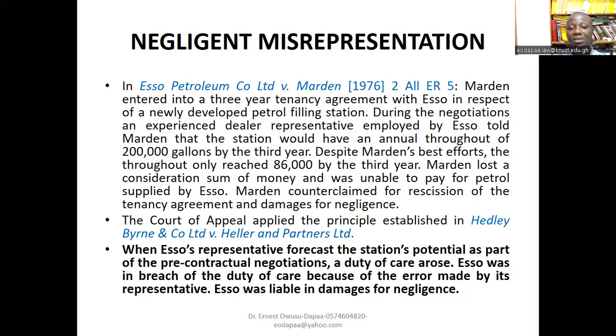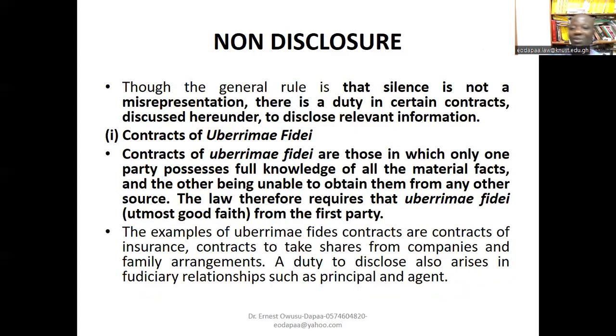We've also, of course, talked about non-disclosure already, that you have no obligation to speak when you are making a contract with someone, but under certain situations, your silence can give rise to misrepresentation.